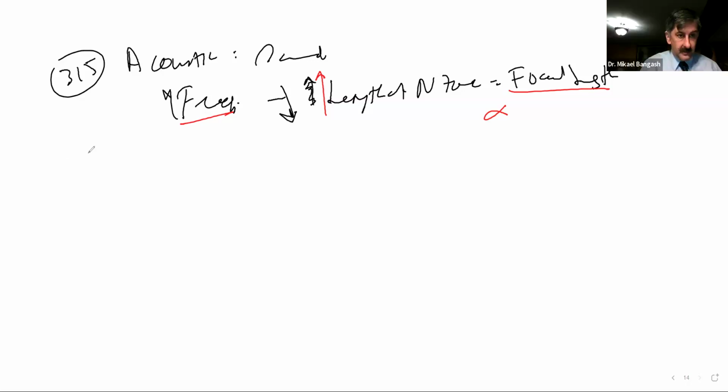Question 316. The greater the diameter of the transducer's piezoelectrical crystal, the longer is the near zone length.